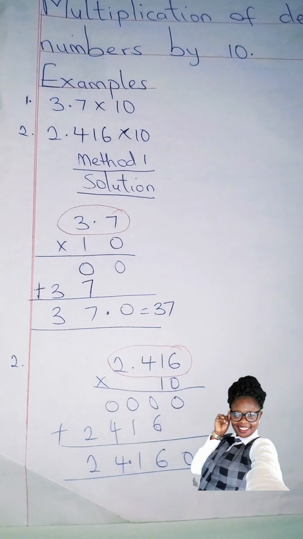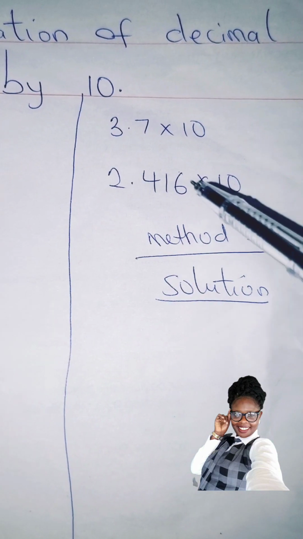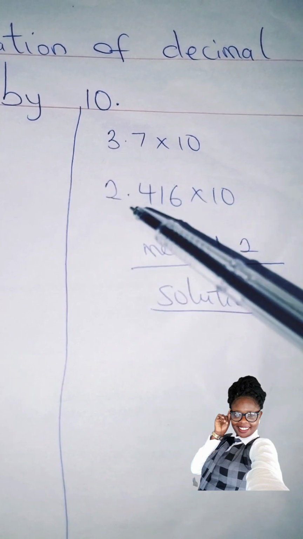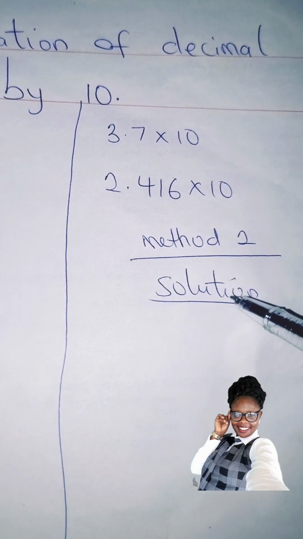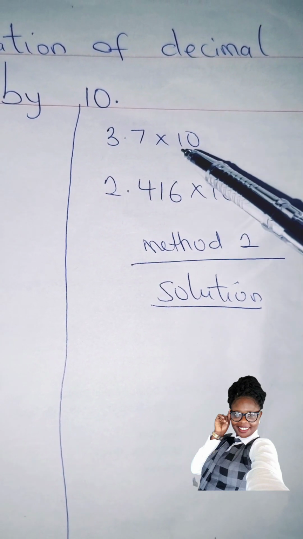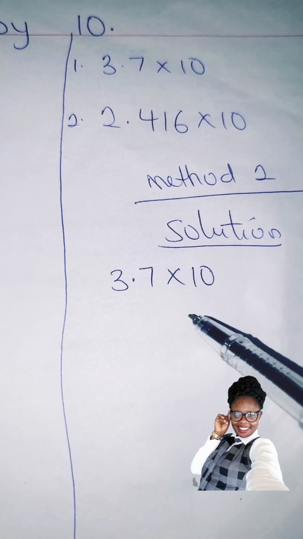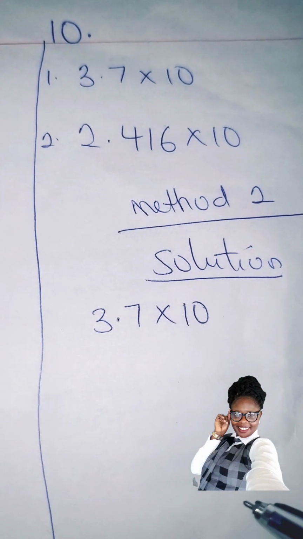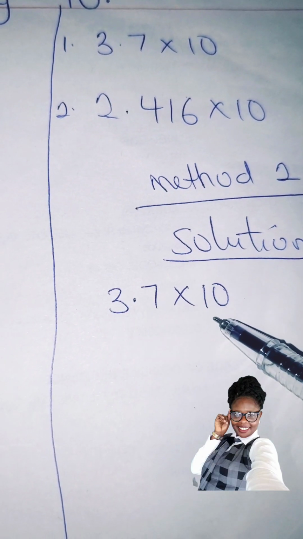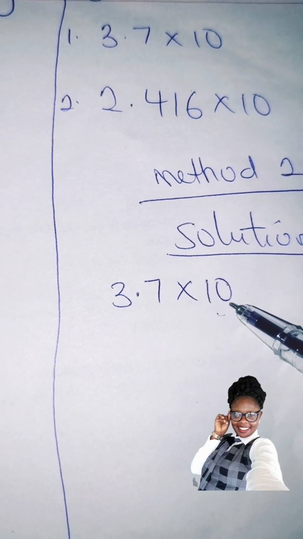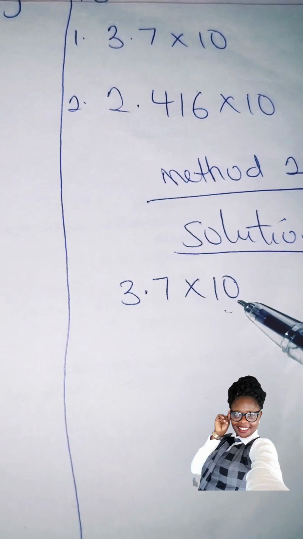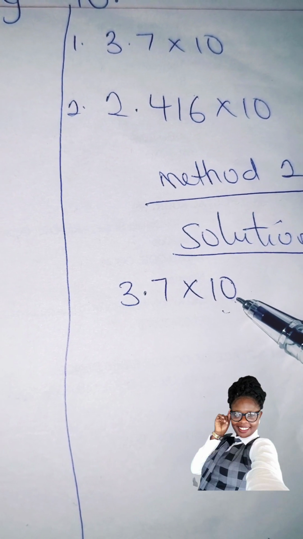Now let me go to the second method. 3.7 times 10, 2.416 times 10. I'm using the second method. I'll write the first question out like this. All you just need to do is look at this whole number, which is 10. How many 0s does 10 have? 10 has 1 zero, as you can see.